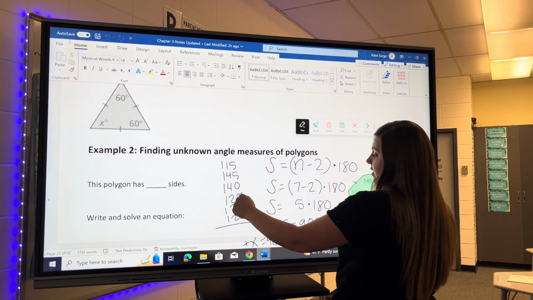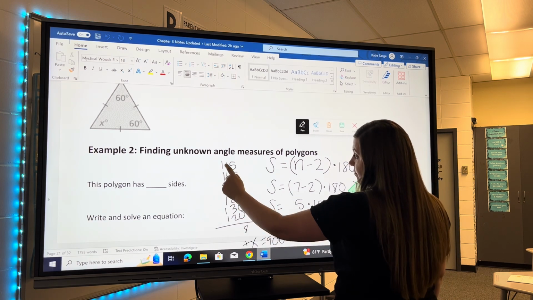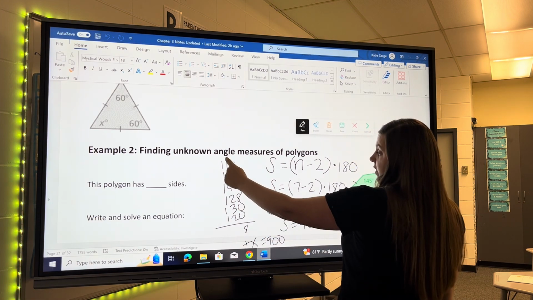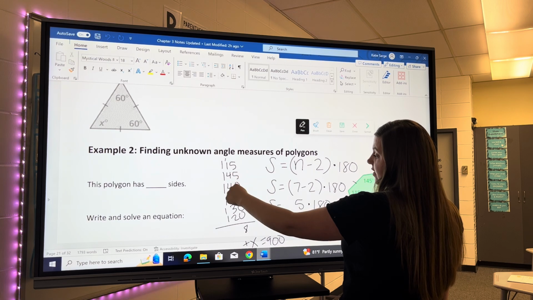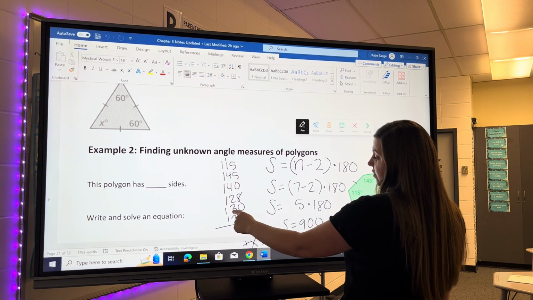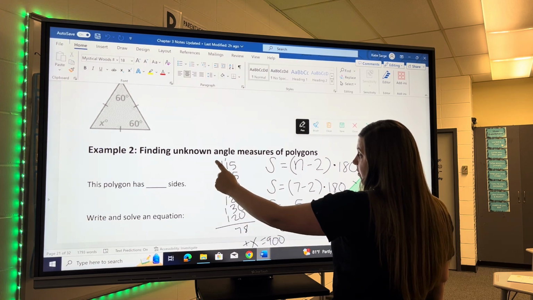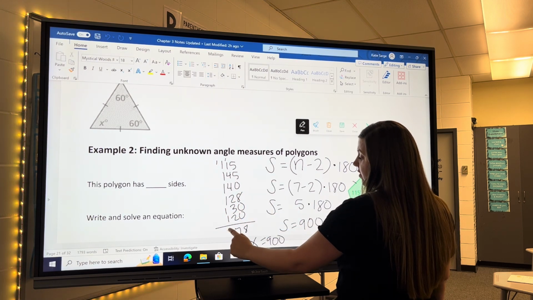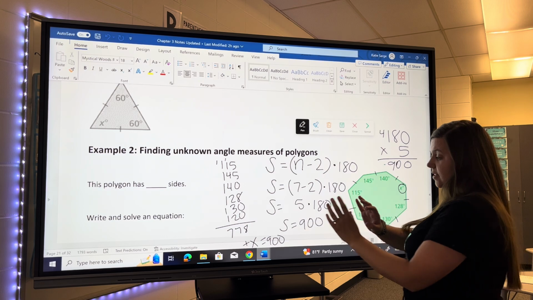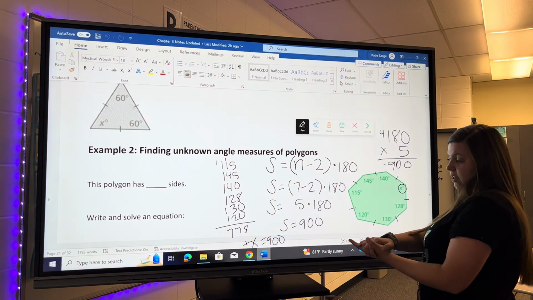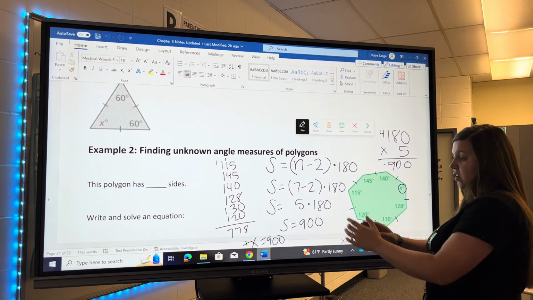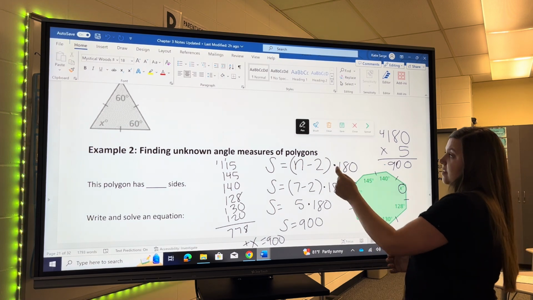Add them all up, so let's see. Hopefully that's right. 778 plus some amount is 900, okay? So here's where that equation kind of comes into place.